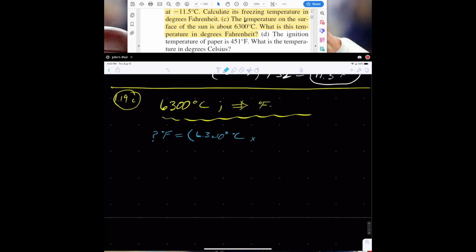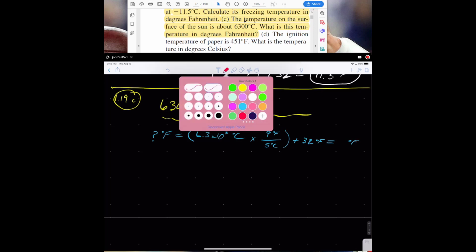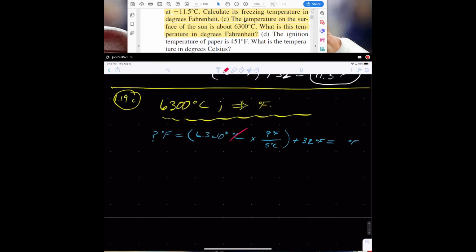And we're going to multiply that by 9 degrees Fahrenheit over 5 degrees Celsius. And then we're going to add 32 degrees Fahrenheit. Okay. And that's going to give us our degrees Fahrenheit. So we remember that the Celsius cancels out, we're left with Fahrenheit, and we can start plugging this in on the calculator.